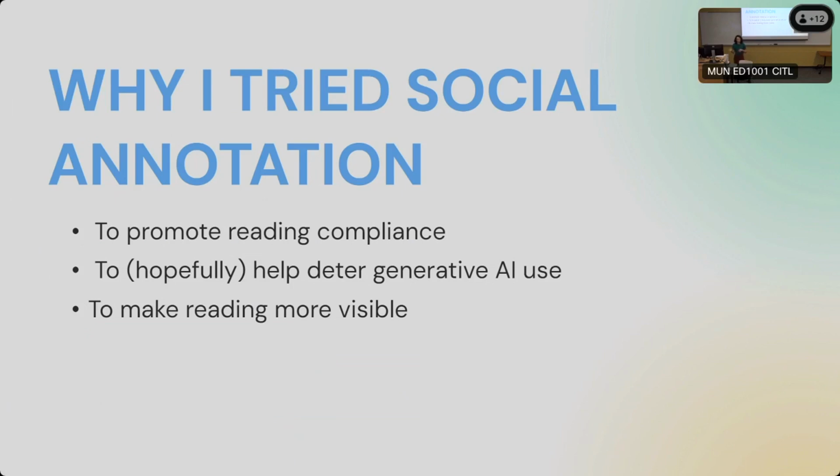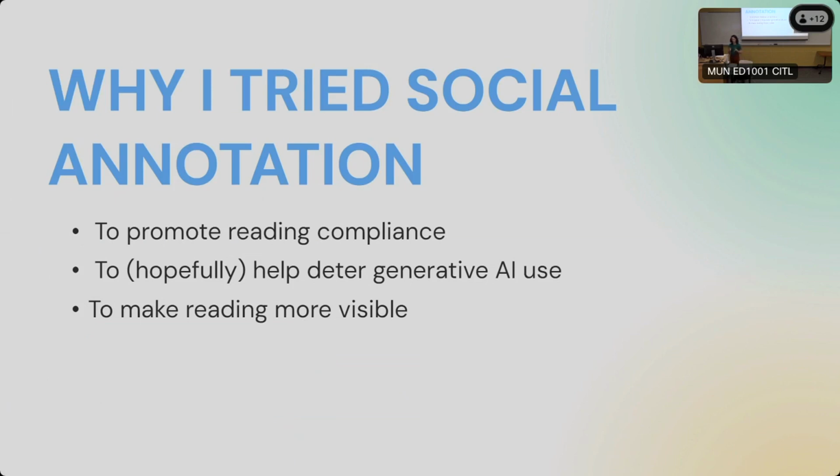So that is one reason people turn to social annotation. And there is research to support that students are more likely to read their required material when it is tied to a grade in some means, even if it's just participation. Another reason we might be able to motivate students to read is through reading-writing connections, which I'll come back to later. So there is a valid reason for trying social annotation as a means to get students to read.